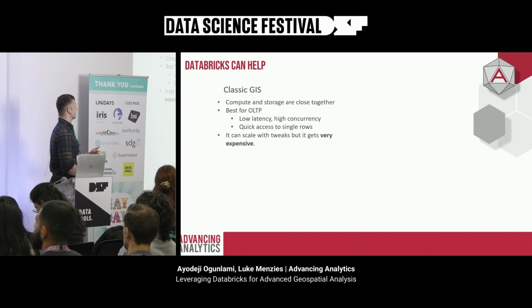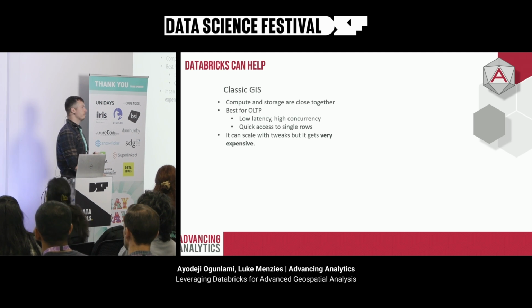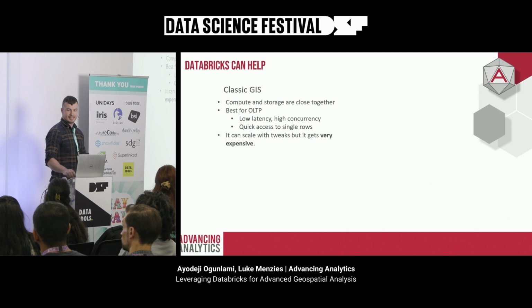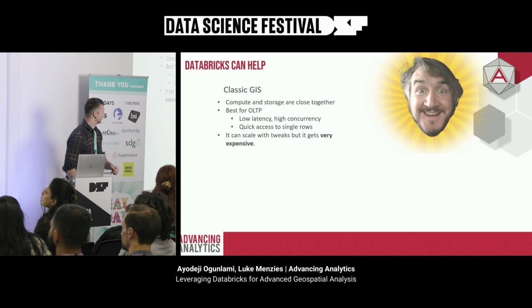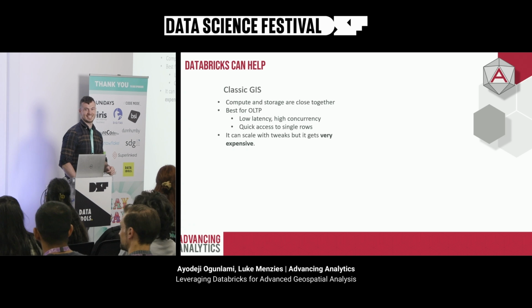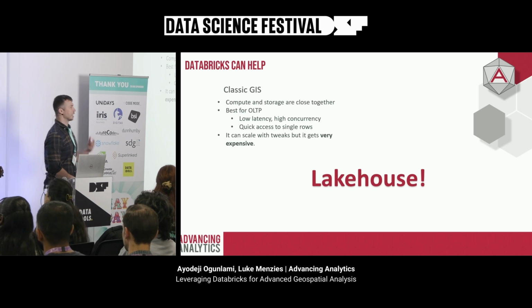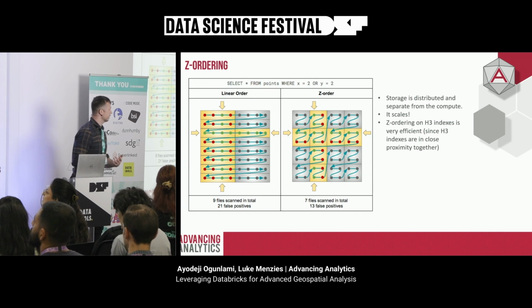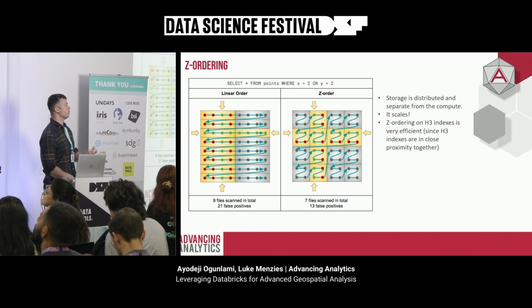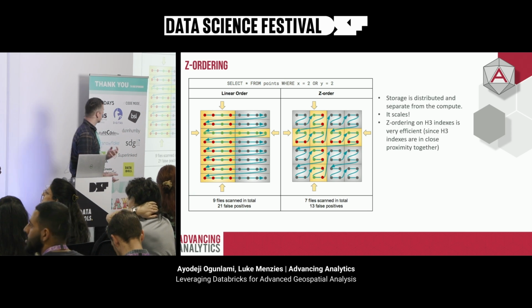Can anyone think of anything in Databricks that can help with things like storage and compute for GIS? Tell you what, I'll give you a clue. Anyone guess? It's Lakehouse. Yes, the Lakehouse. The Lakehouse is very good for this, and I'm not sure if anyone's familiar with things like Z ordering, but if you imagine a tiling system with an index, Z ordering helps.